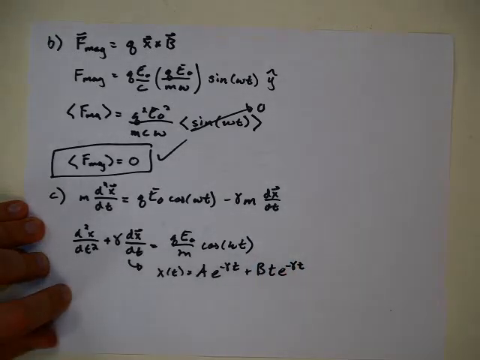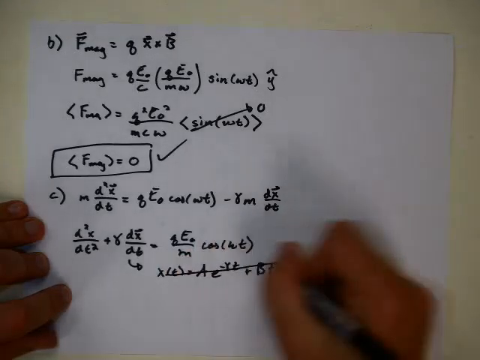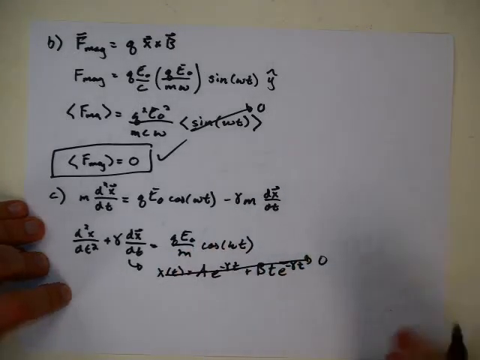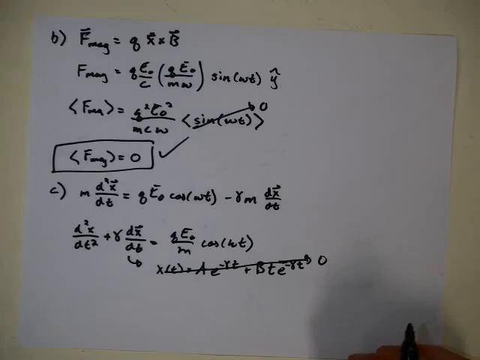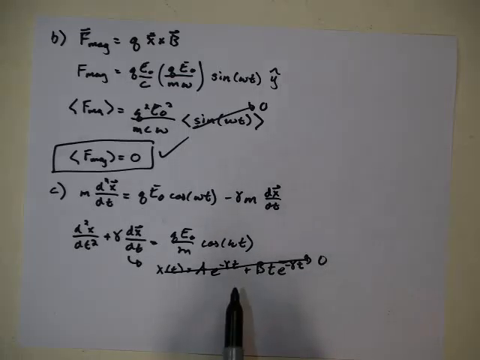So those are the two solutions that you'd find. Again, we're going to ignore these. We're going to set them equal to 0. These we can very justifiably set equal to 0 because we say that if we wait long enough, where long enough is simply a few of these gamma times, then this solution will go to 0, and so we can ignore it.